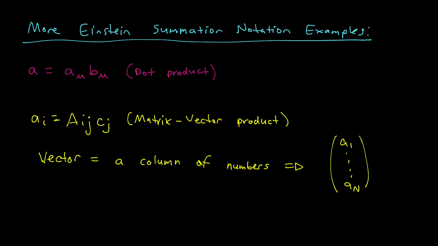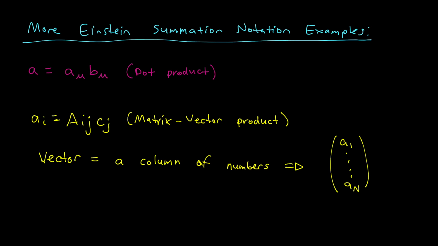And the matrix vector product can be defined as a_i equals A_ij times c_j, where i represents the indices of the resulting vector. And here, a vector, in this context, is defined as a column of numbers from a_1 all the way to a_n. And note that you can tell what the result of an Einstein summation would be based on the number of indices it has.